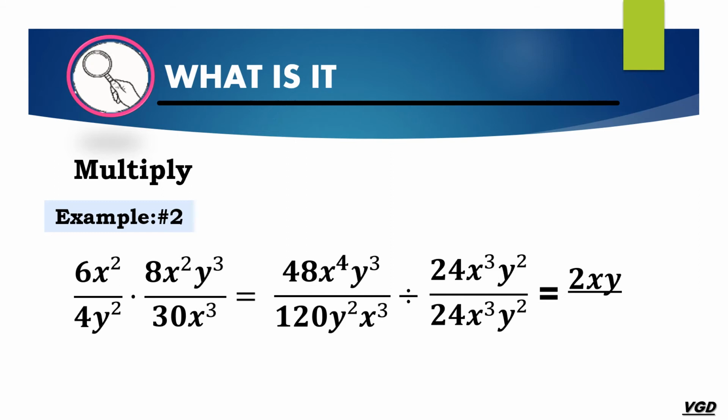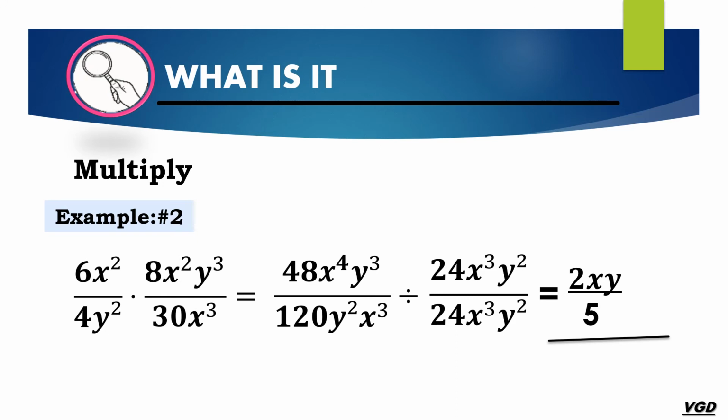Now let's divide 120 y squared x cubed by 24x cubed y squared. So we got 5. We just canceled out x cubed y squared.